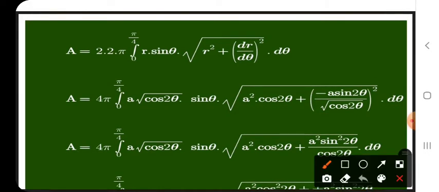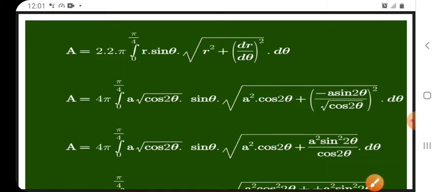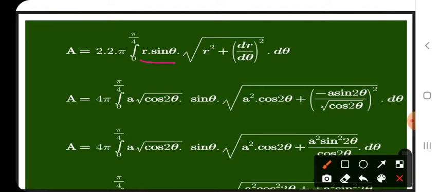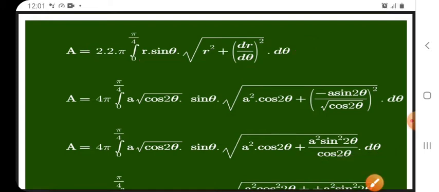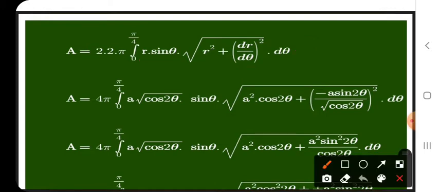This is the formula: integral from 0 to pi by 4 of 2 pi, y is r sin theta, times root r square plus (dr by d theta) whole square d theta. This formula gives only half the area, so I multiply by 2 to get the full area of the given solid. So 2 into 2 pi, limits 0 to pi by 4.